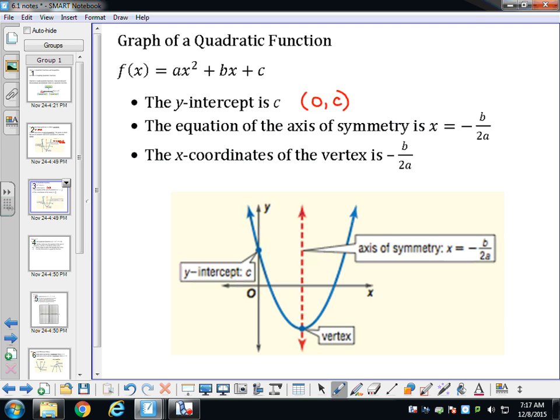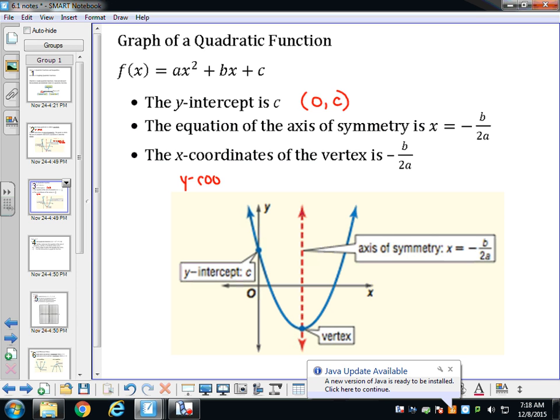Now, the equation of the axis of symmetry is x equals negative b over 2a. Okay? And it's the b and the a from the quadratic equation. Now, the x-coordinate of the vertex is negative b over 2a also. That'll tell me how far right or left I have to go from the origin in order to find my vertex.